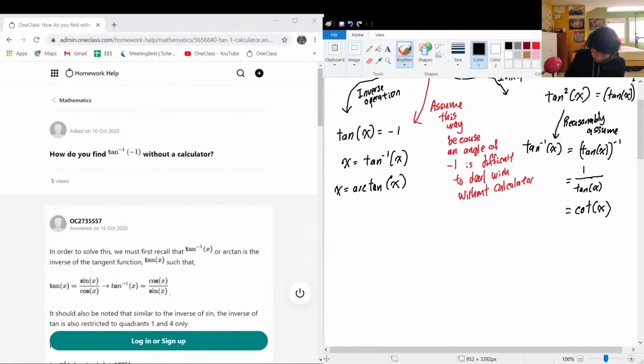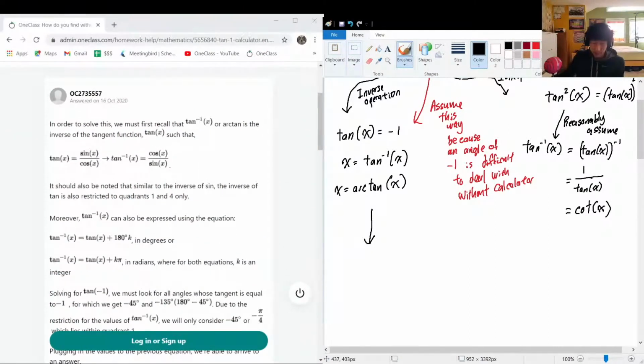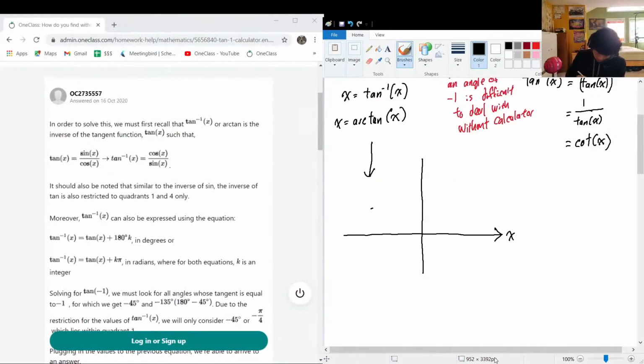Okay, so let's actually see what this means. Let's actually think about this question a little bit more. Okay, so when we think about our coordinate graph, like this, we have x and y, and let's also think about a right angle triangle, like that.